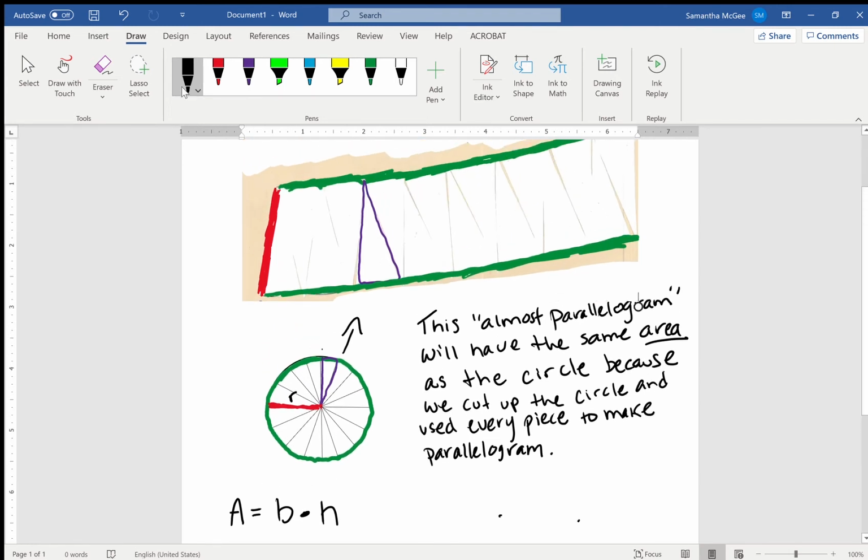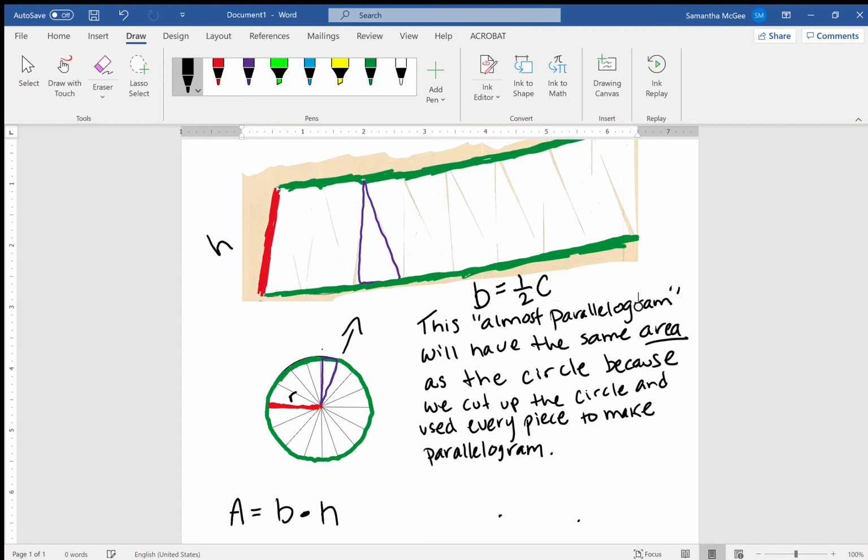In this case, we've already talked about this, but our base, which I'll call B, is one of these green lengths. Since both of the green lengths together add up to be the circumference, we know that one of the lengths would only be half the circumference.